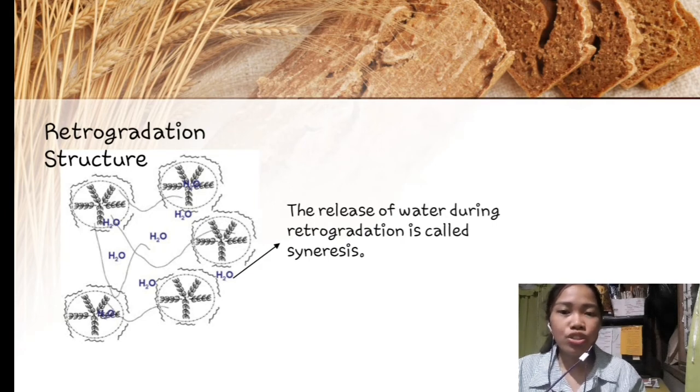The starch gel shrinks and a water layer forms on the surface. The release of water during retrogradation is called syneresis. Gelation is caused by amylose becoming reordered, and retrogradation is caused by amylopectin being reordered.